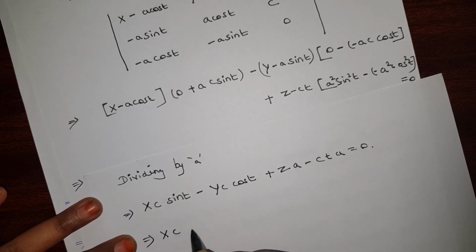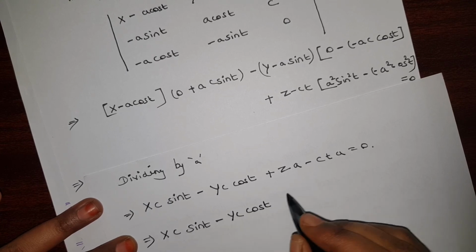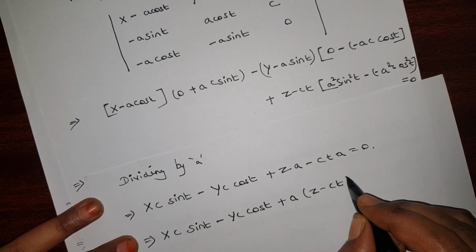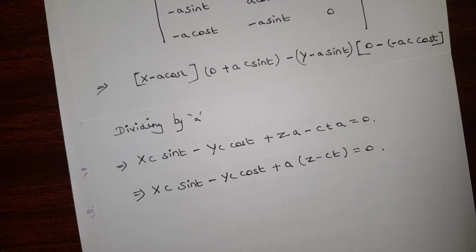Taking a common outside, it becomes x c sin t minus y c cos t plus a times (z minus ct) equal to 0. This is the equation of the oscillating plane.